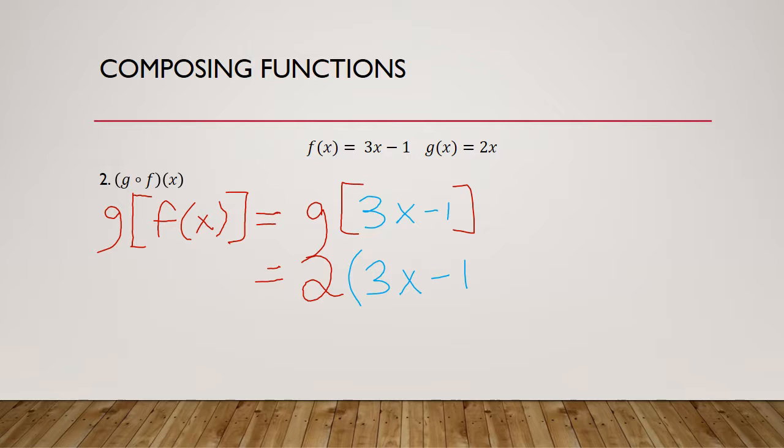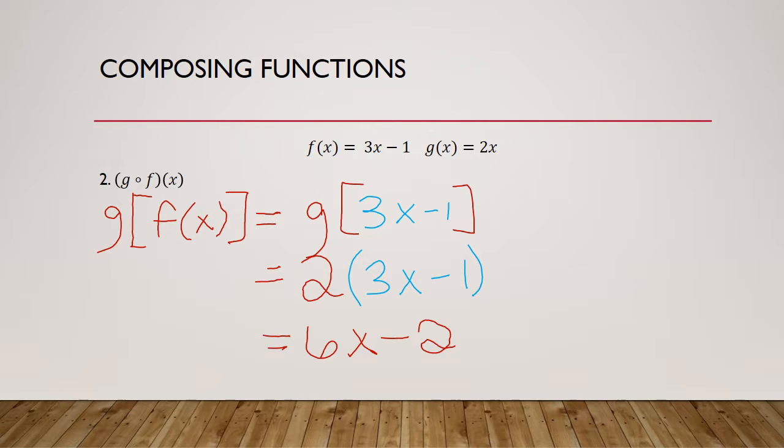So I get 2 times 3x minus 1, because that's what the function g does. It takes its input and it times it by 2. So now I can simplify this one just a little. If I distribute that 2, I get 6x minus 2.